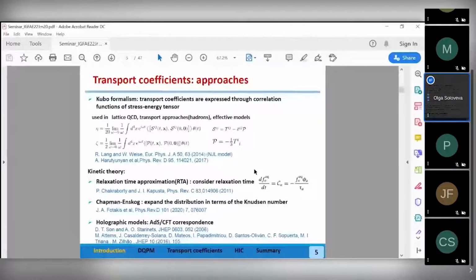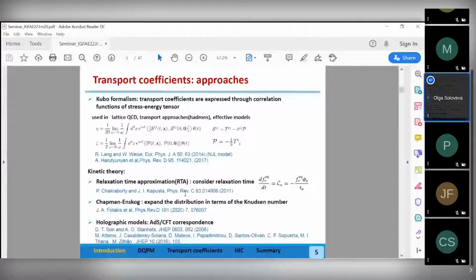For example, for a transport code you need good statistics for your correlator, as well as for lattice QCD. It's a bit of another problem that in lattice QCD they determine firstly the correlator, and then they invert this correlator to a spectral function.